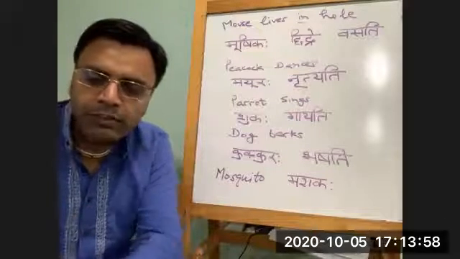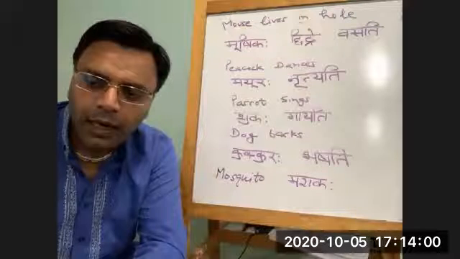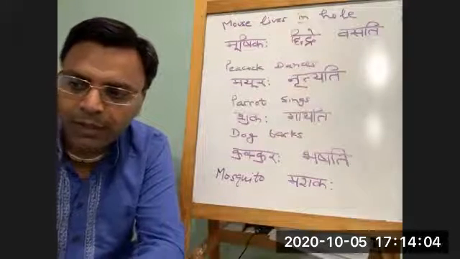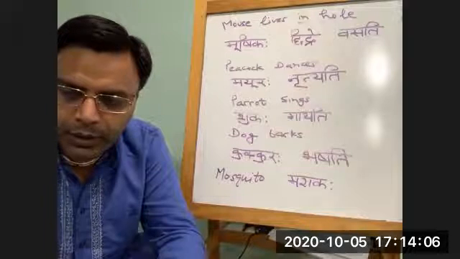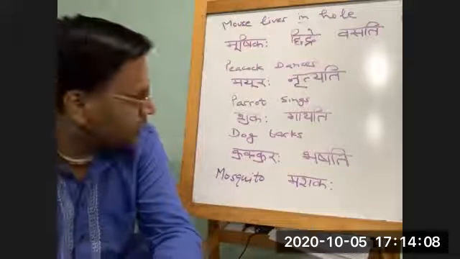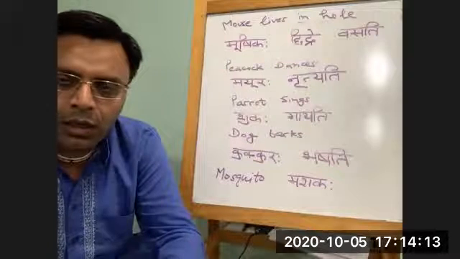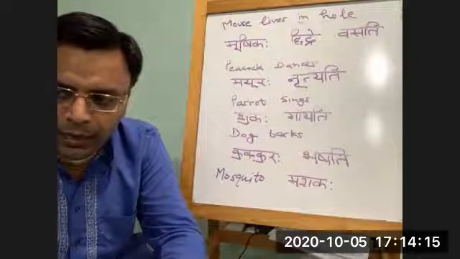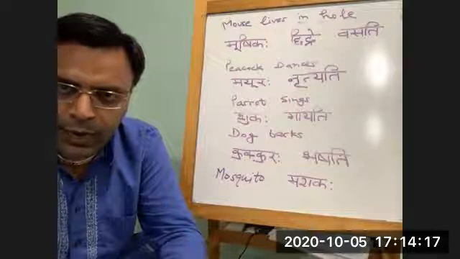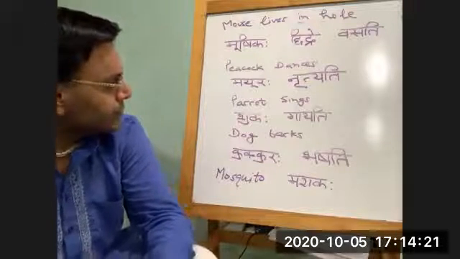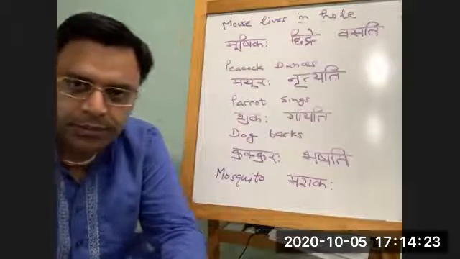So frog is manduk. And birds also, we did some sort of birds also last time. Khaga, right? Khaga in general is called a bird. So khaga. And we did ant last time, pipilika. It's not on this board right now.